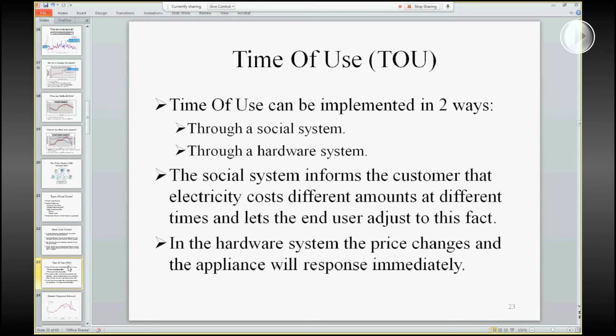Now, those have a bunch of different aspects to them, whether it's purely a price change only, or typically this is also integrated with new forms of information to the consumer, which greatly affects how much they will actually respond to this type of change in price signal. And then you can also add on further hardware so that it can either automatically respond to the price change, or, for example, programmable thermostats that can be programmed to match up with the time of use pricing.